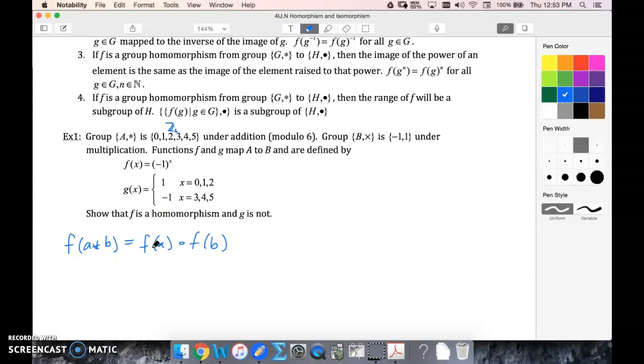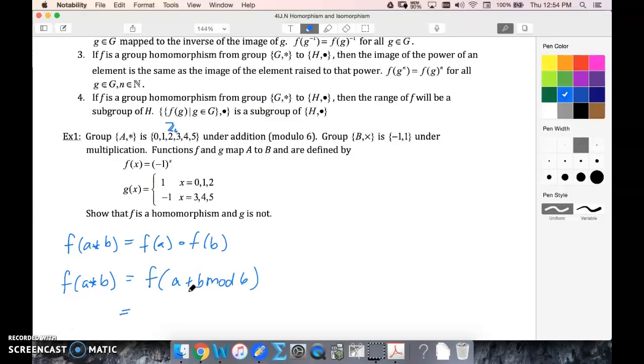All right. So let's start with F of A star B. So F of A star B is going to equal F of A plus B mod 6. So remember, we're adding A plus B and then doing the mod 6 on it. And then whatever that result is, we're putting it into F.